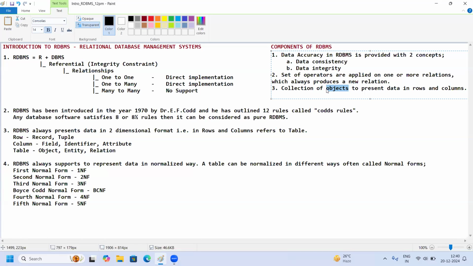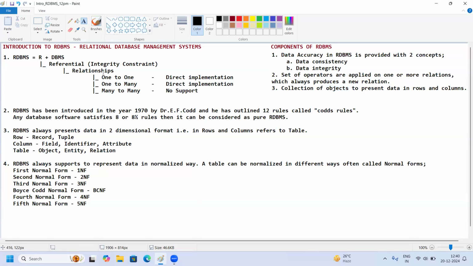Yes, this is the complete introduction of RDBMS. Simple to understand. I said that accuracy of data in RDBMS, we provide with consistency, integrity. I haven't explained anything about it.